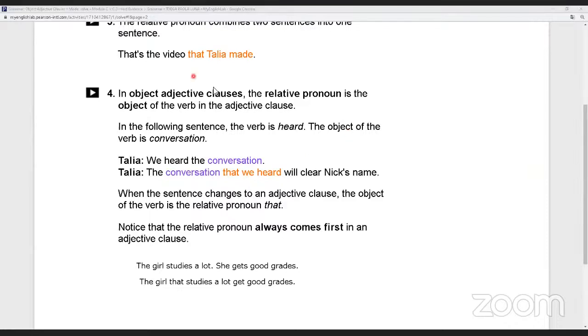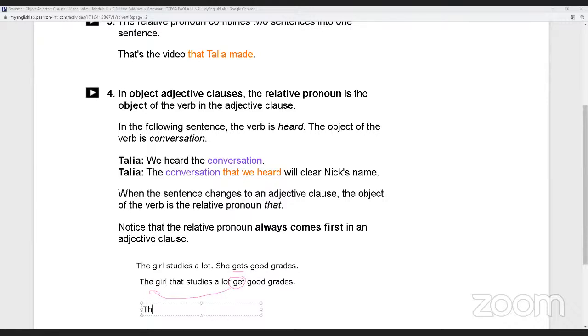Okay, well, that could be, right? I'm not going to lie, in some cases I used to do the same. But if you're going to say the girl that studies a lot get good grades, the first mistake, okay, is this one. Why? Because we are talking in third person. What could be the correct way?